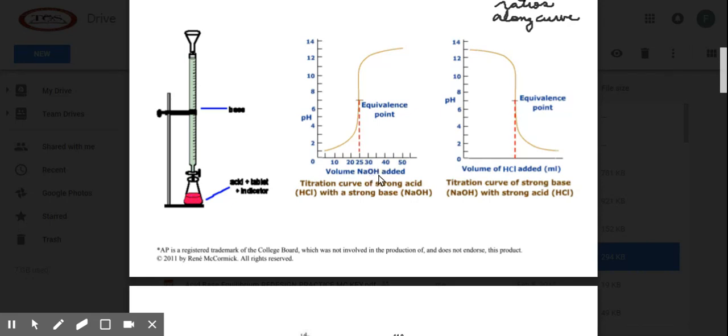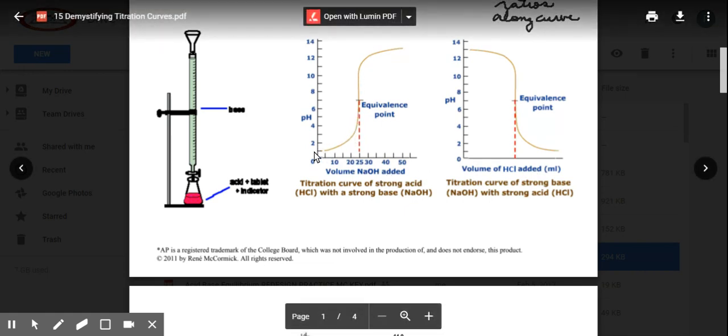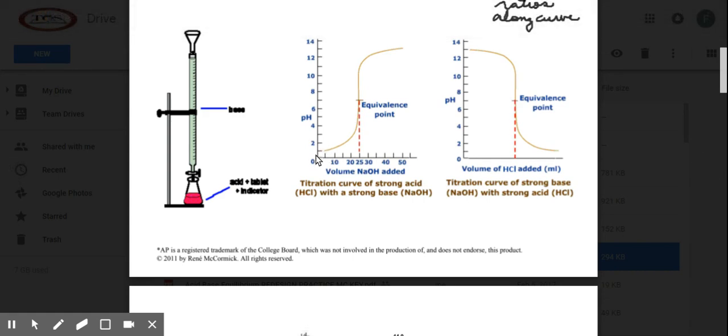Now, sometimes they don't say specifically what your titrant is here, so they might just say volume added or something like that. So we have to be able to use this curve in order to figure out, first of all, the components involved. So what I do is I look at the initial pH, so the very beginning of the pH at volume 0.